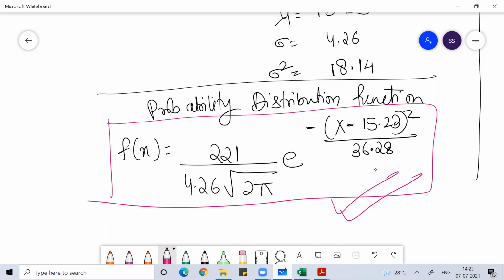Clear? This came in 2015 for your exam. Anyone, any doubt? Clear? Anyone have any doubt?